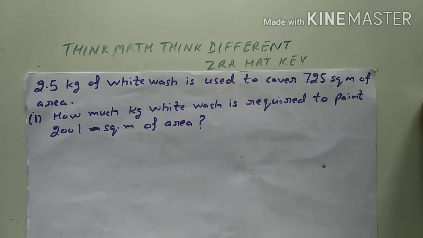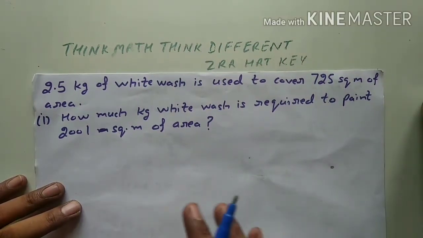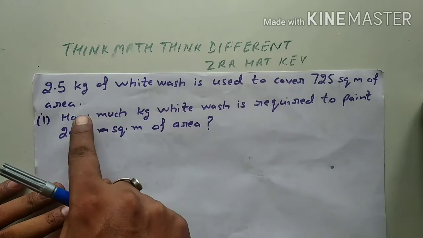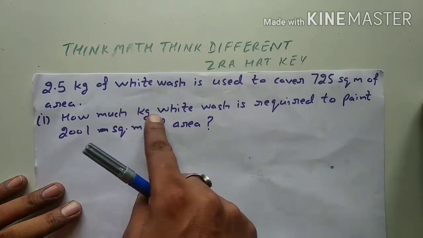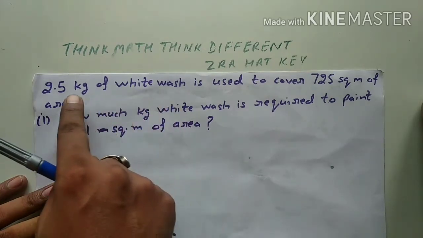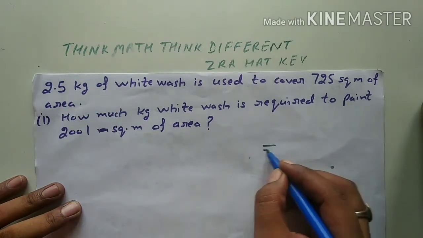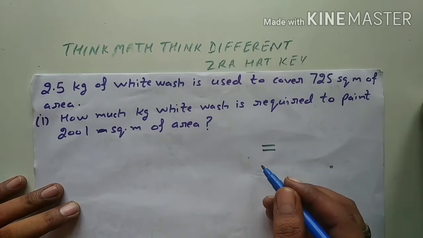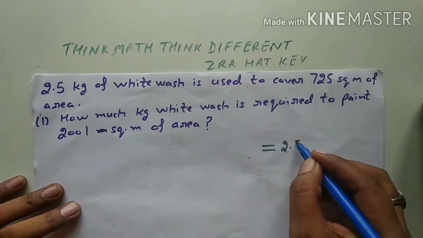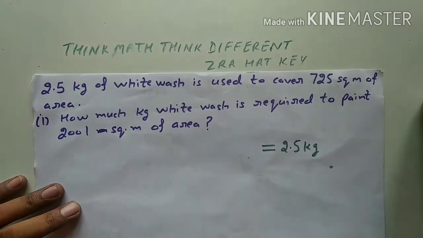Now here you will see which term we have to find. We have to find in the question part how many kilograms of whitewash. So kilogram of whitewash will be written on the right hand side of the equal to symbol. So 2.5 kg, I will write it here.